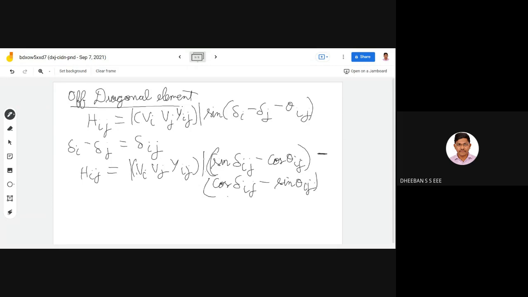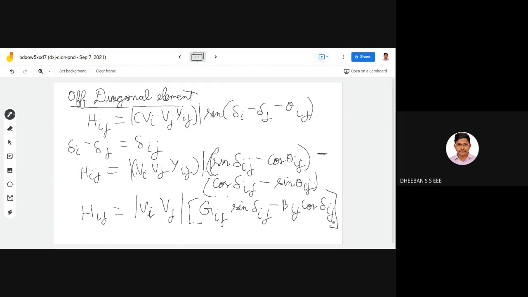So upon solving, Hij will be equal to Vi Vj into, first you have to consider the real part of your admittance matrix, that is Gij into sine del Ij minus Bij into cos del Ij.